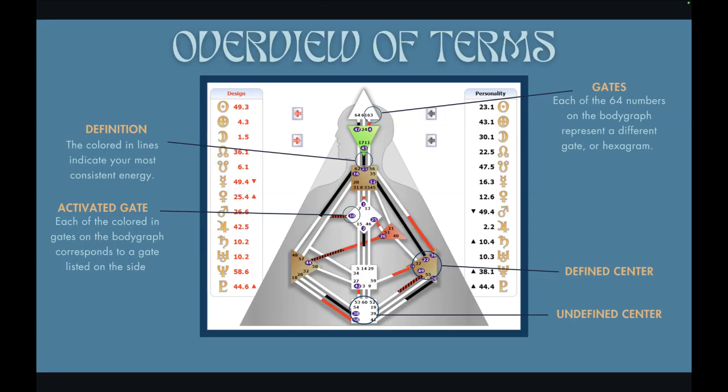But our undefined centers are where we're more open to the influence in our environment, meaning when I'm around someone who has a defined sacral center, I'm absorbing and amplifying their energy to do, to create, to build. And so I feel pressure, right?